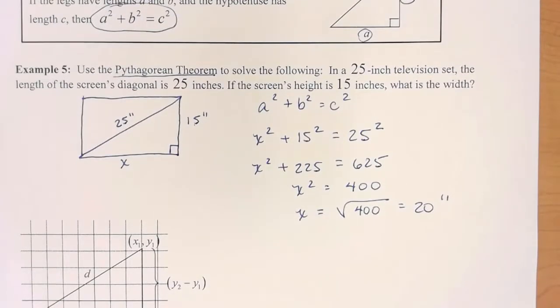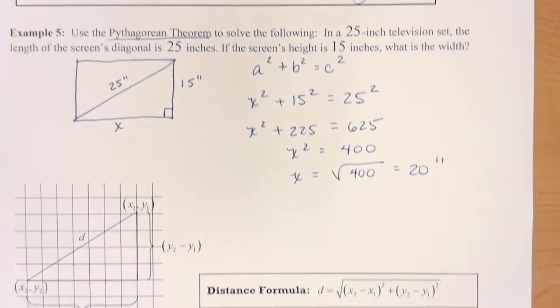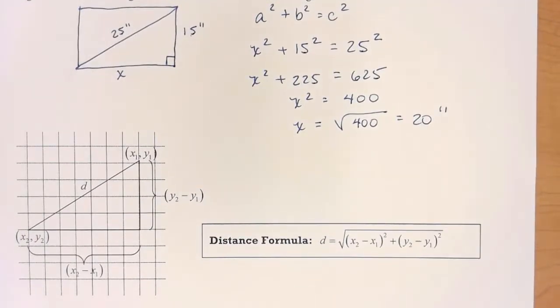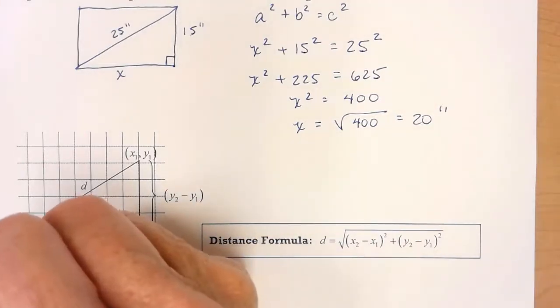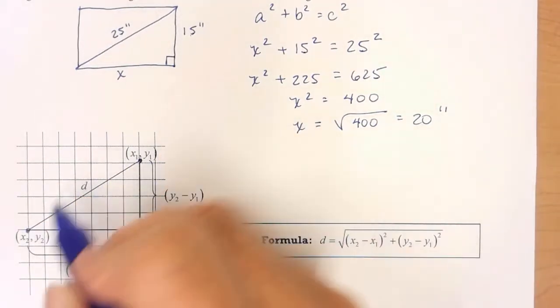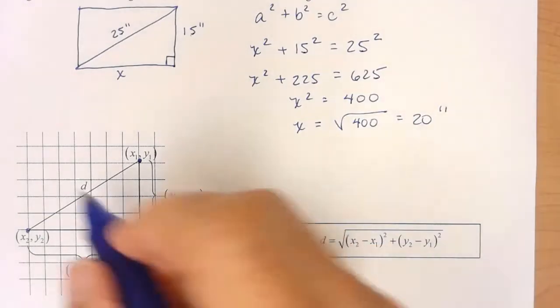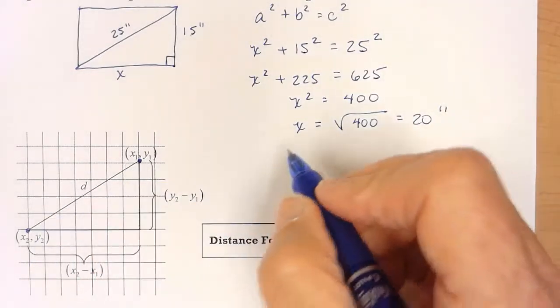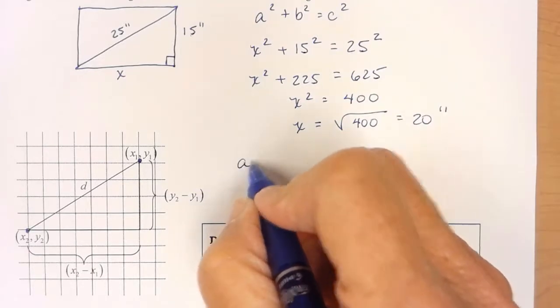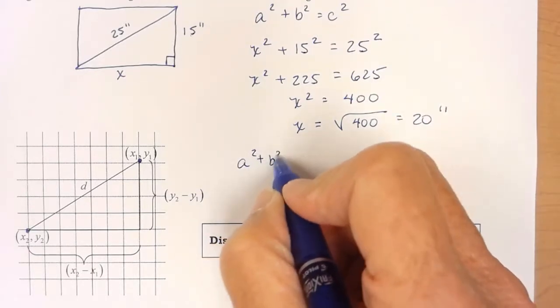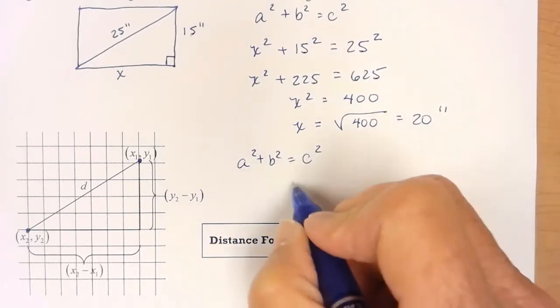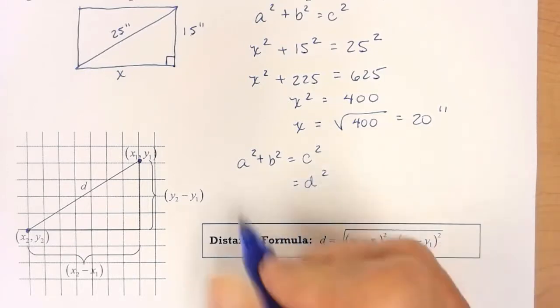Now that was the Pythagorean Theorem, but from it comes the distance formula. So I've got myself a picture here. I've got a point here and a point here. And if I want to find the distance, I use the Pythagorean Theorem. So there's my hypotenuse. So if I use my a squared plus b squared equals c squared, so I've got d squared.